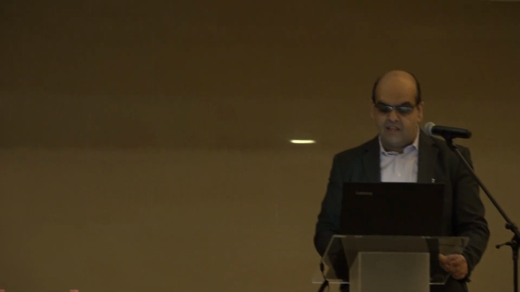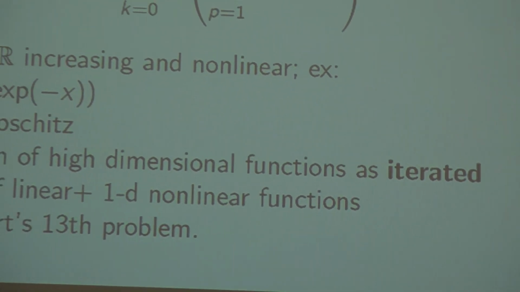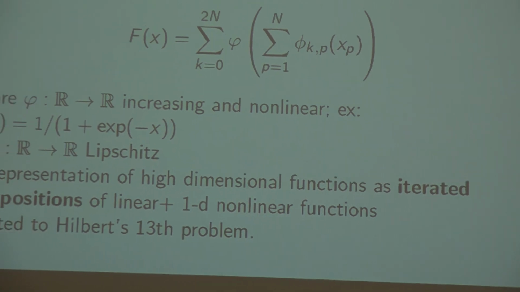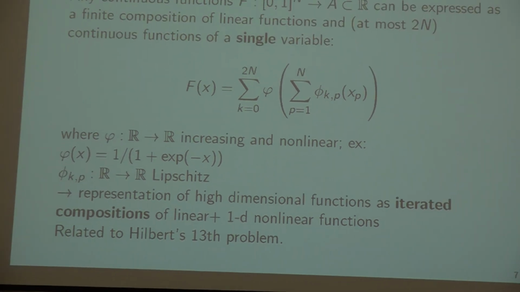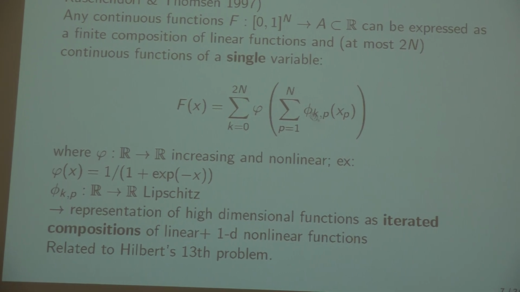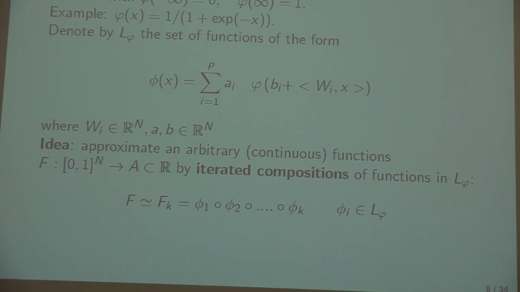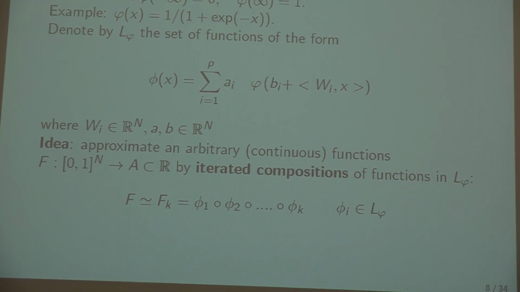This phi here is a scalar function, and the only thing you do in high dimensions is linear combination. Applying linear combinations is easy, so you need to estimate the weights of these linear combinations, and then you can represent or approximate, at least, high-dimensional functions in a flexible way.